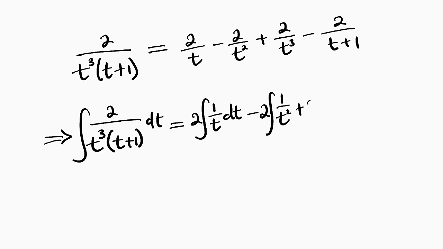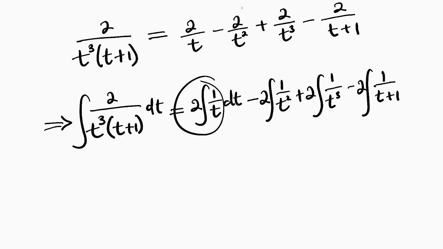Moving on, we have 2 multiplied by the integral of 1 divided by t to the power of 3, then minus 2 again, multiplied by the integral of 1 divided by t plus 1. So let's start with the first one here.